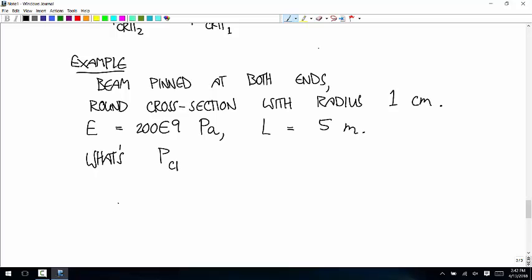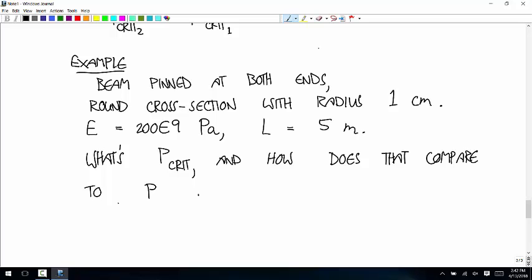What's P critical? And how does that compare to the compressive load P that would make it fail purely in compression?